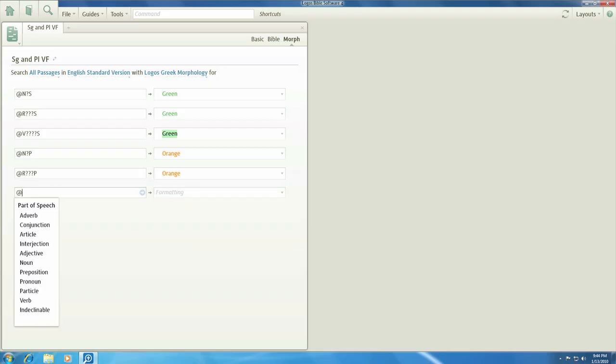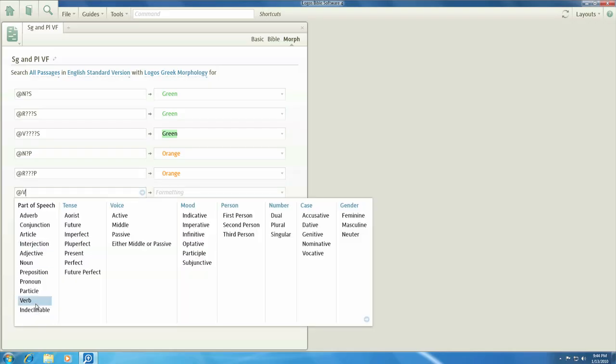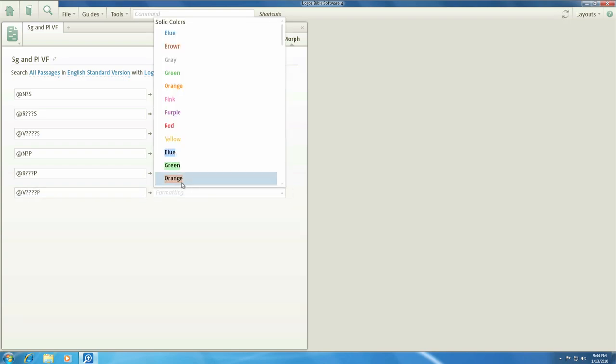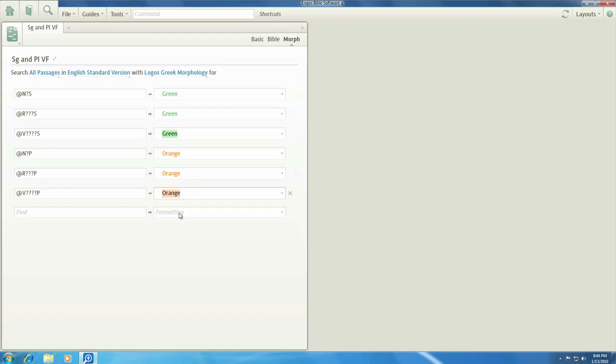And then finally, we'll get the verbs that are plural in number, and select orange, solid color. Okay, so this is going to be pretty busy once we pull up the ESV, but it will allow us to see which words are singular and plural without us jumping back and forth between the reverse and linear line.